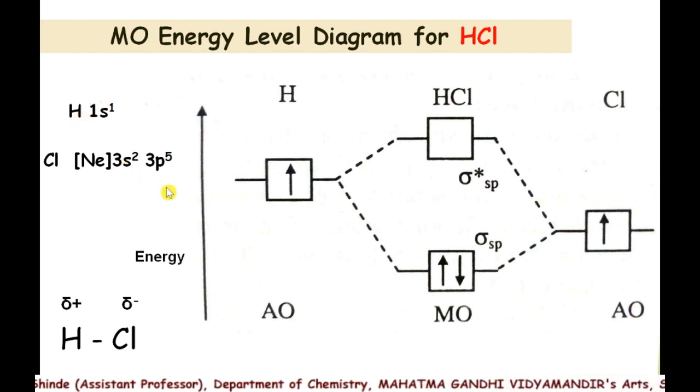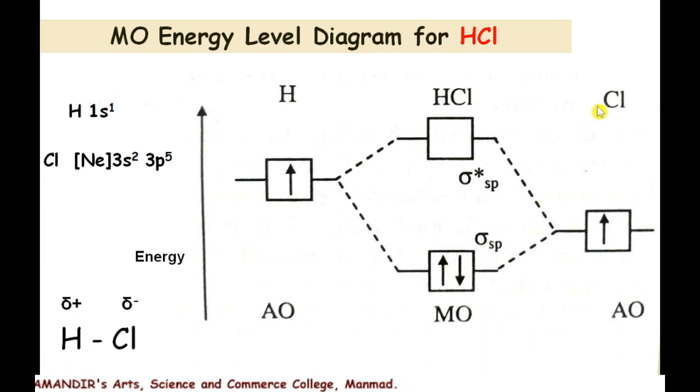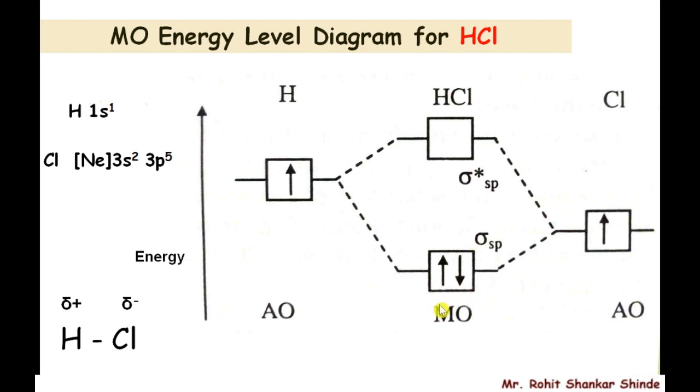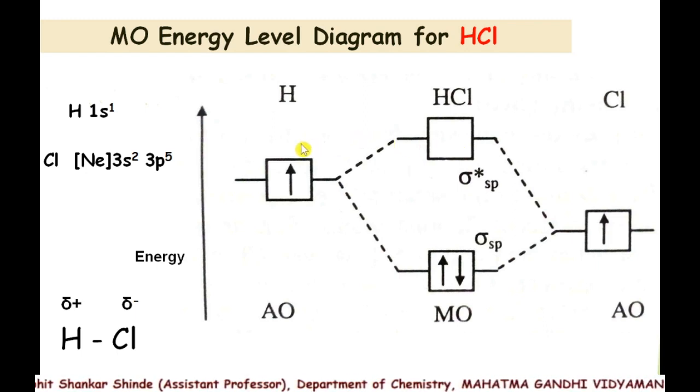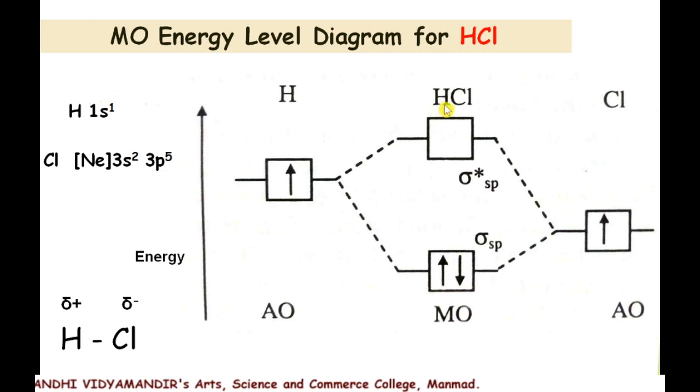So let us see the formation of the HCl molecule. The atomic orbitals of the more electronegative element, that is chlorine, contribute more to the formation of the bonding molecular orbital and less to the anti-bonding molecular orbital. Similarly, the atomic orbitals of the less electronegative element contribute more to the formation of the anti-bonding molecular orbital and less to the bonding molecular orbital.